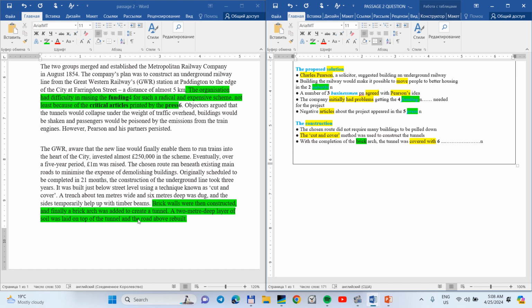The answer is not tunnel, because the tunnel should be covered, and a 2-meter deep layer of soil was laid on top of the tunnel, and the road above rebuilt. So a 2-meter deep layer of soil. Layer means, guys, covered with, at the top of something. Laid means covered with.